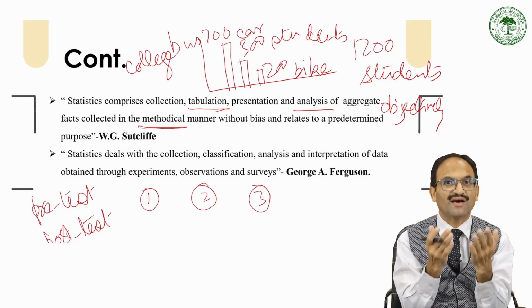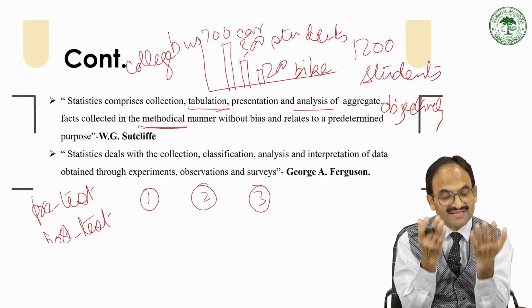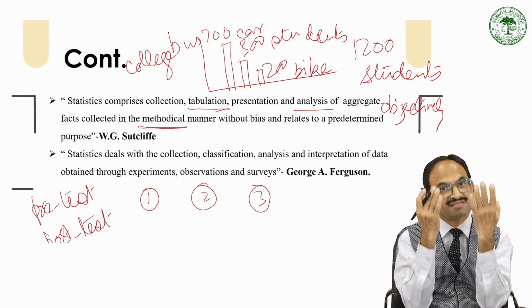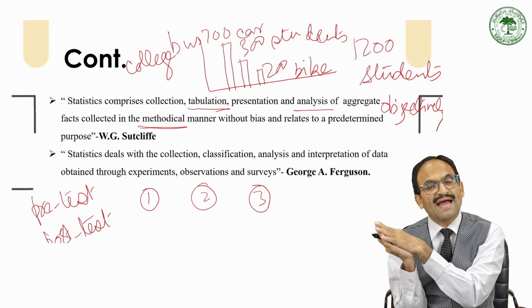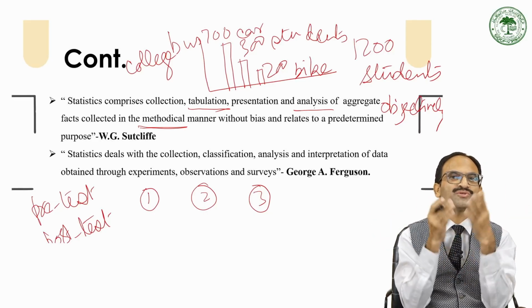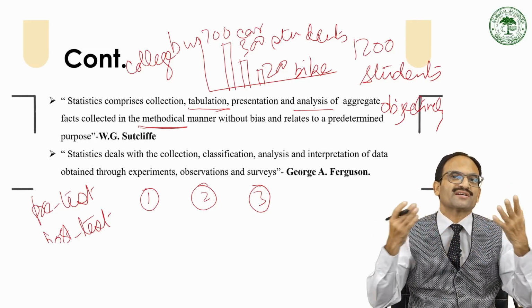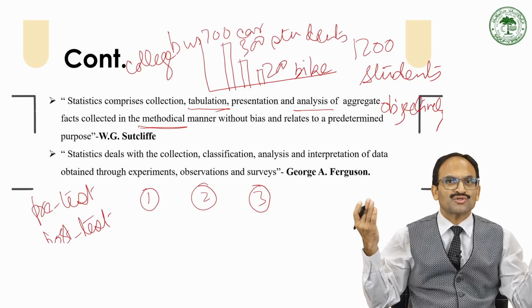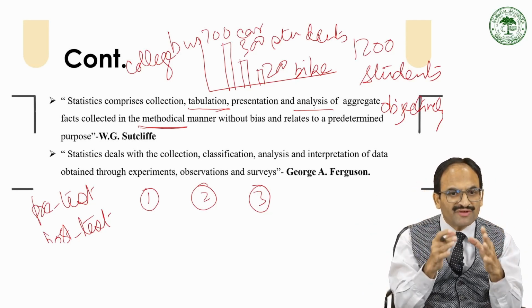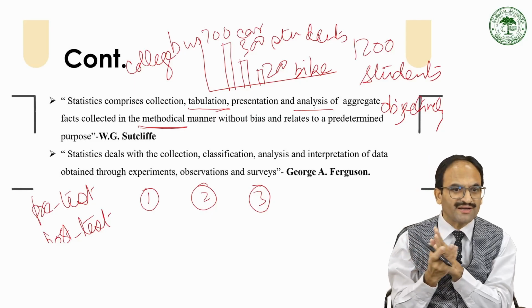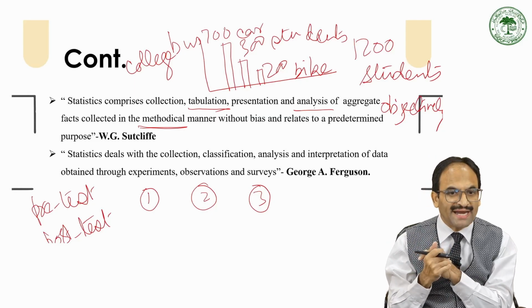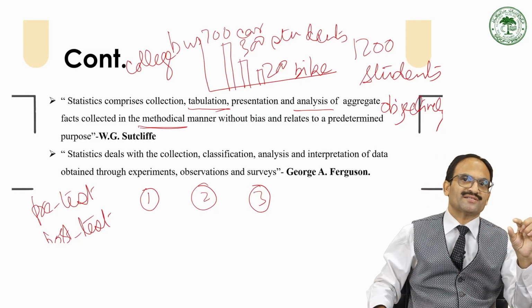We collect the data, we classify the data, we tabulate the data, we analyze the data, we take some interpretation, and finally we come to some result. And not only in the field of science, even in social sciences also we conduct some experiments. So, the data that we collect, classify, analyze or interpret may be obtained through experiments.